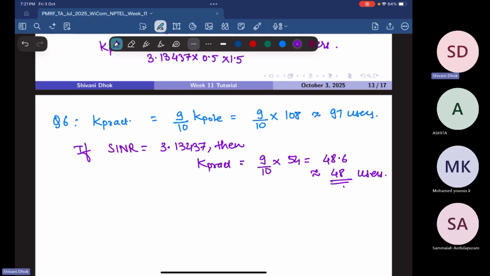Any questions till this point? Okay, this ends the discussion of the capacity of CDMA.